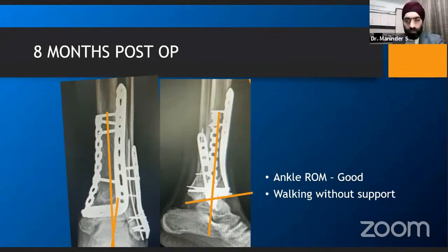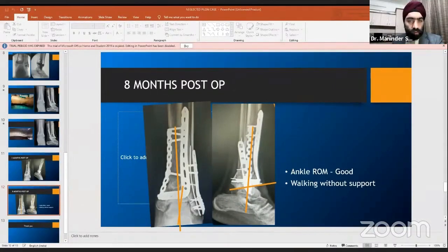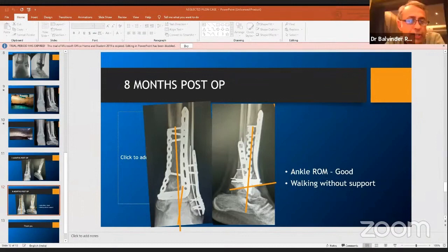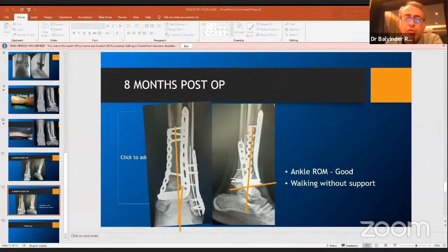So, is there a cutoff point of time where you would say, beyond this time, I will not reconstruct, Dr. Balwinder? I don't think there is anything which defines that in literature, but 6 to 8 weeks is generally considered in intra-articular fractures. If the joint has been subluxated or badly shattered beyond 6 to 8 weeks, the cartilage is already gone. So that is a limit.